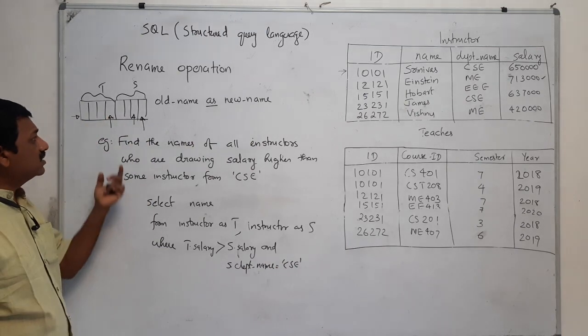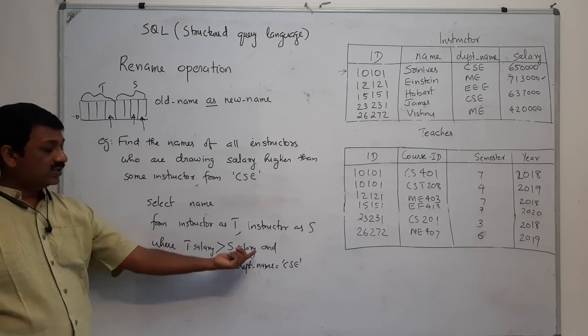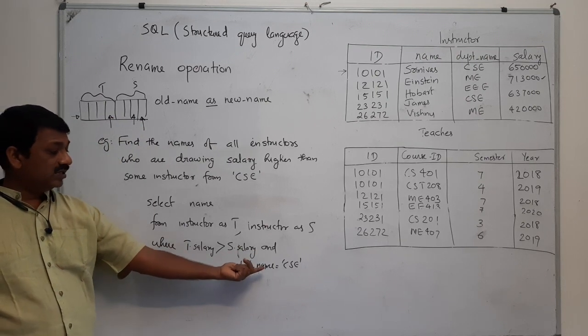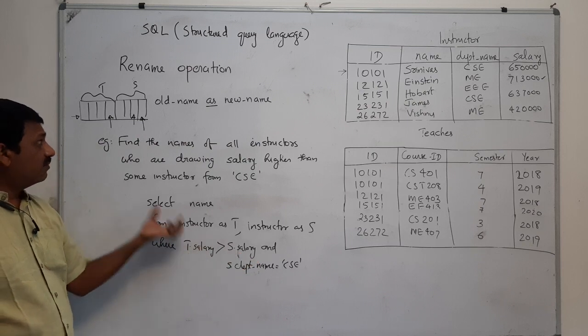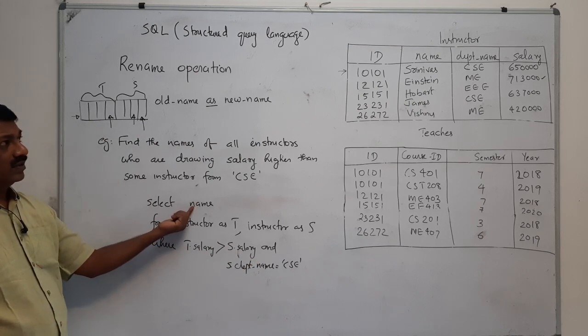That is, T dot salary greater than S dot salary and S dot department equal to CSE. From those tuples we are going to select name.